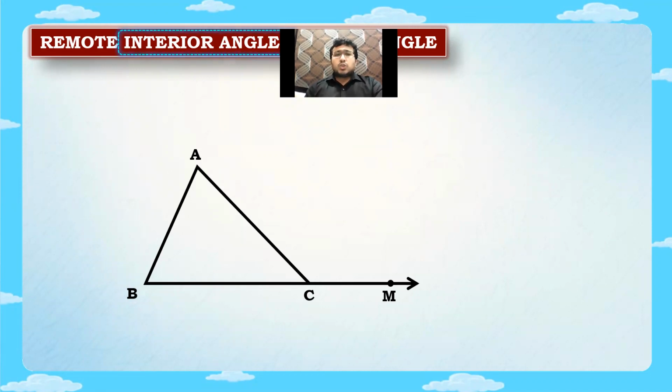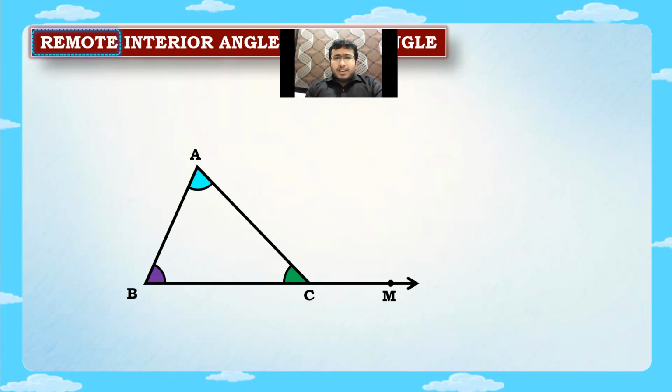Okay. Now students, we are talking about interior angles. So we know angle BAC, angle ABC, and angle ACB are the three interior angles of a triangle. But we are not talking about all the three angles. We are talking about remote interior angles.